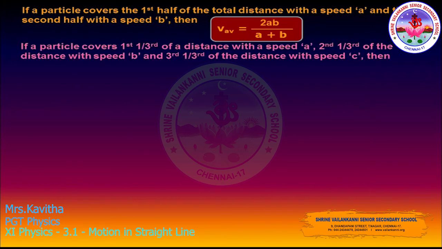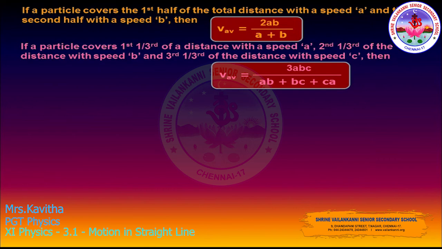If a particle covers the first 1/3 of the distance with speed a, the second 1/3 with speed b, and the third 1/3 with speed c, then the average speed is 3abc divided by ab plus bc plus ca. So this is for average speed.